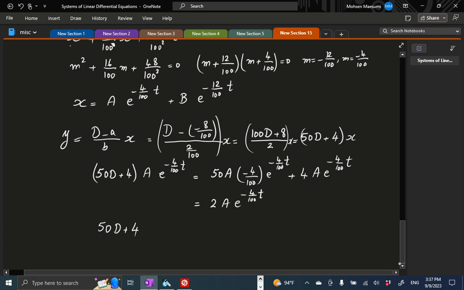50D plus 4 times this one. So that is going to be B exponential of minus 12 over 100t. So that's going to be 50B times, no, the derivative of that is going to be minus 12 over 100 exponential of minus 1200t, and then 4B times the same.